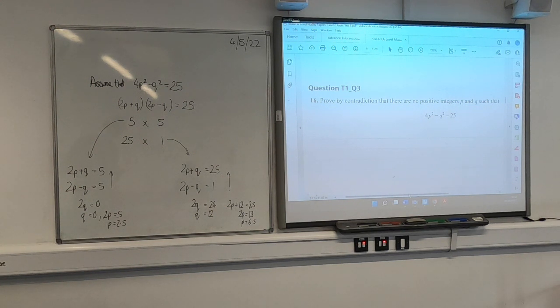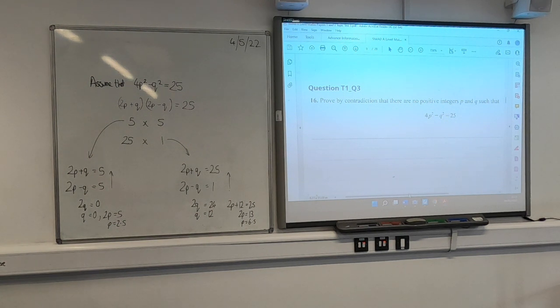So can you just rule out 5 with 5? No, because q could be 0. Well, yeah, I suppose yes you can, because if you're saying positive integers, that really should rule out 0. If there wasn't the 2.5, let's say it was p as 3 and 0, would you say that breaks the rule? Yes, because 0 is neither positive or negative.